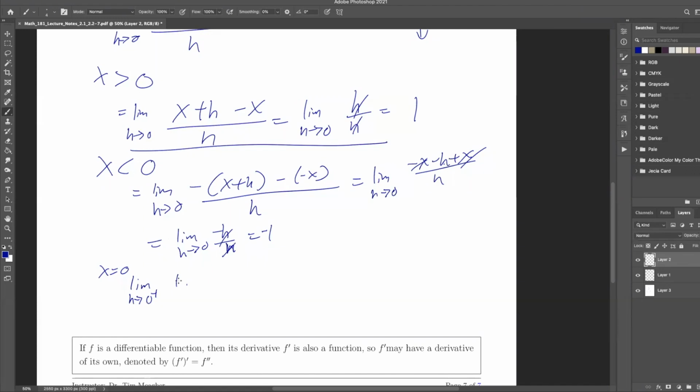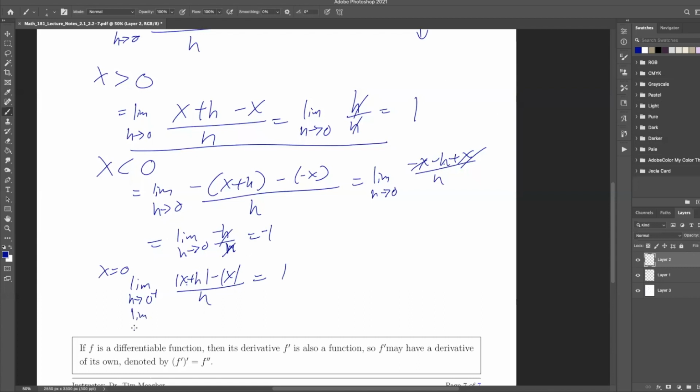Because if I take the absolute value of x plus h minus x, and I'm coming in from the positive values, as h is positive and we're setting x equal to 0, that means this is slightly positive, this is slightly positive, and so this over this will be, of course, 1. Same reason here.